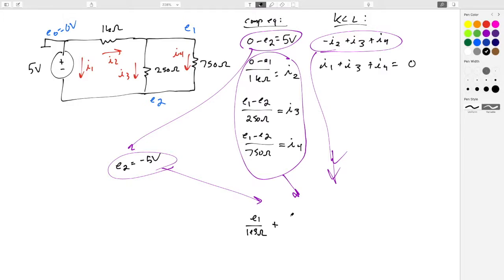I'm going to break up the denominators again, so we're going to do plus E1 over 250 ohms minus negative 5, so plus 5 over 250 ohms. Then it's going to be plus I4, so plus E1 over 750 ohms minus E2, or minus negative 5, so plus 5 volts over 750 ohms equals 0.